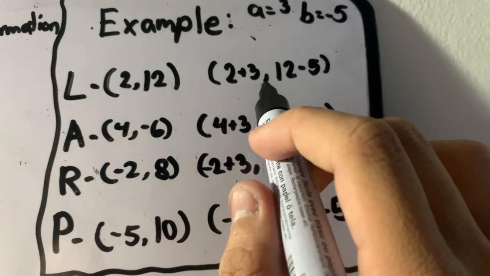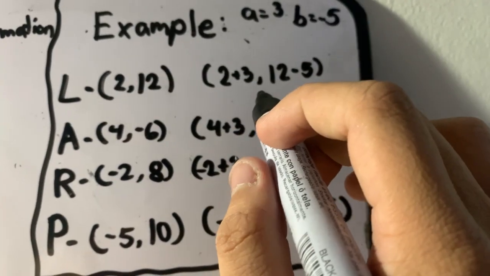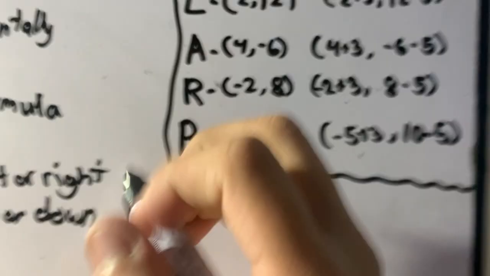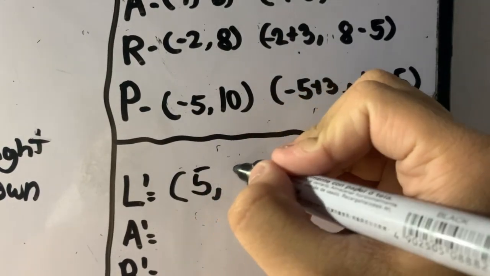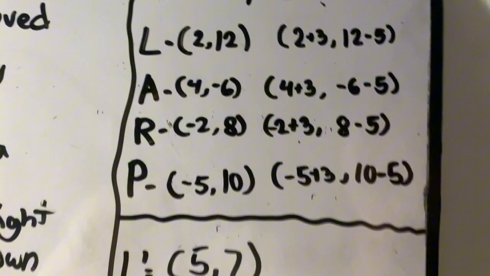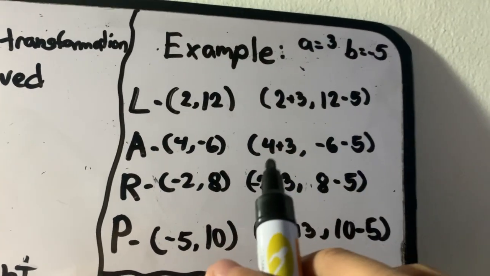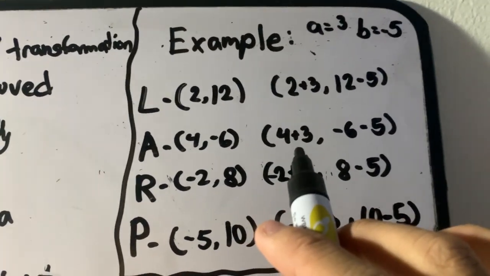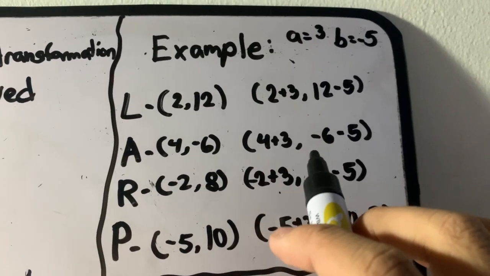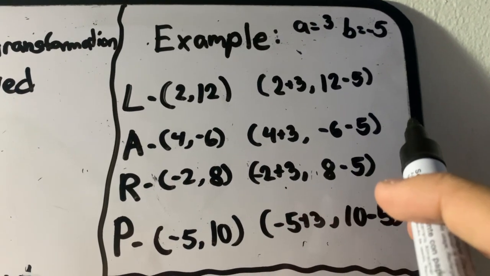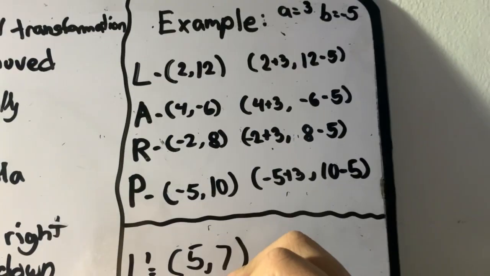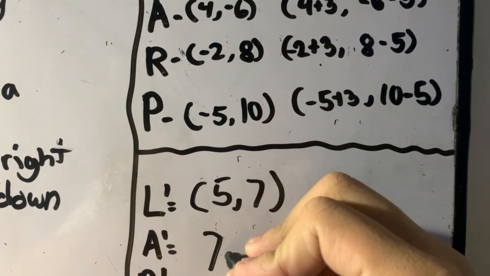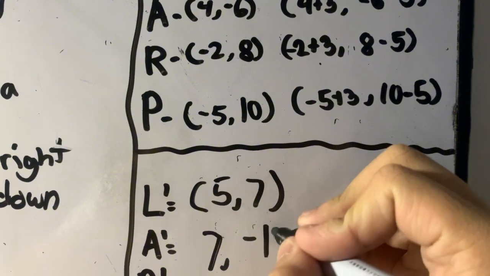2 plus 3 is 5, so that will be our x. 12 minus 5 is 7, so our L prime will be 5, 7. Next, 4 plus 3 is 7. Negative 6 minus 5 is negative 11. So that would be 7 and negative 11.